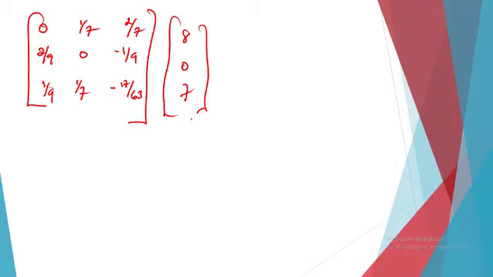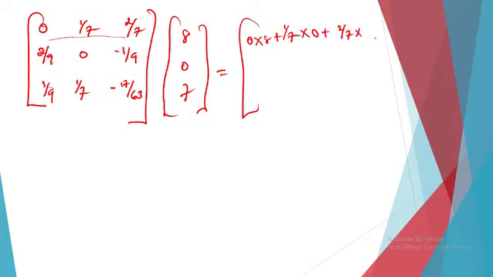And we all know how we run our multiplication. Is that correct? So the row multiplies the what? The column. Therefore we have 0 times 8 plus 1 over 7 times 0 plus 2 over 7 times 7. Is that clear?